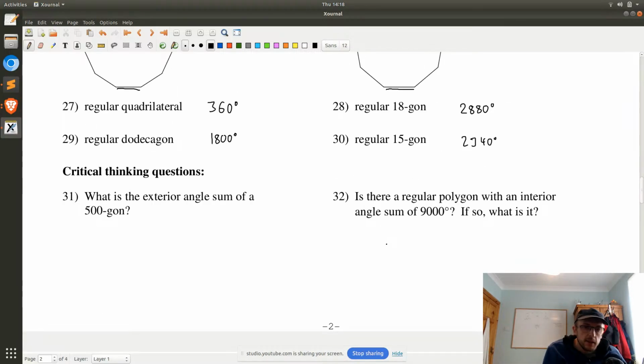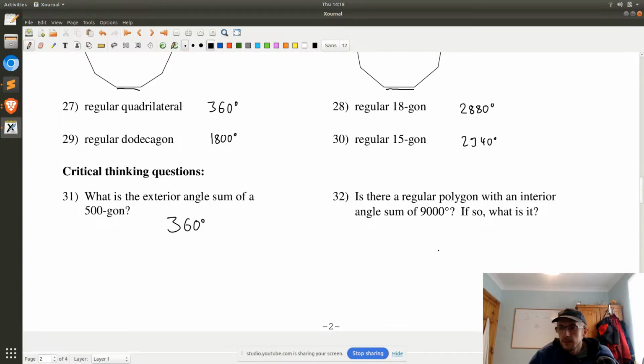What is the exterior angle sum of a 500gon? Just 360 degrees. Is there a regular polygon with an interior angle sum of 9,000 degrees? And if so, what actually is it? So we have to do n minus 2 and then times that by 180 to get 9,000.